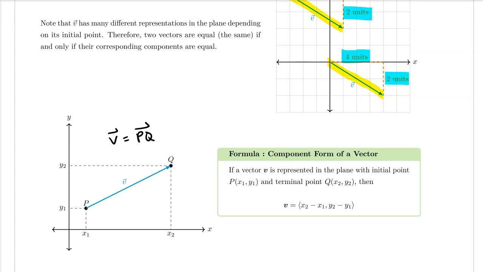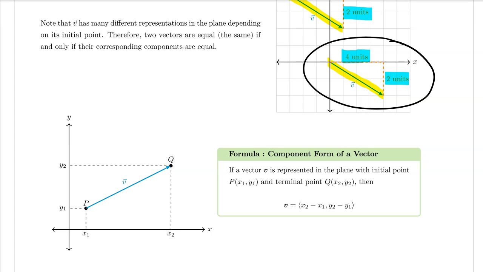So let's talk about this formula. It's the component form of a vector. If a vector v is represented in the plane with initial point P, which is located at (x1, y1), and terminal point Q, which is located at (x2, y2), then the vector v is equal to ⟨x2 − x1, y2 − y1⟩, enclosed in these pointy brackets. Essentially, just like in this image that we had up here, we are looking for the components.